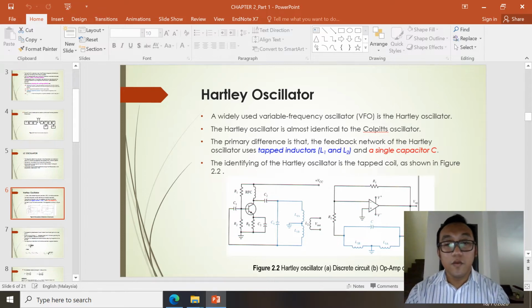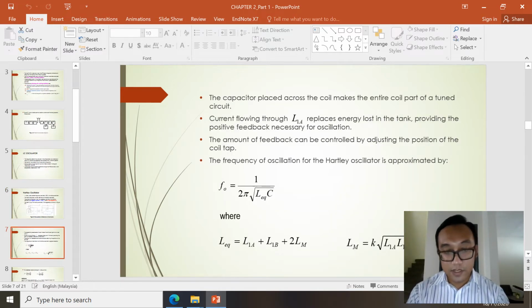So what we need to know from this oscillator, the first is the power. This is the power. Okay, and then we need to know the frequency. This is the frequency. LT equals L1A plus L1B plus 2LM, and LM is here, and K is the coefficient of coupling. I forgot in English, but in Malay we call this pemala.